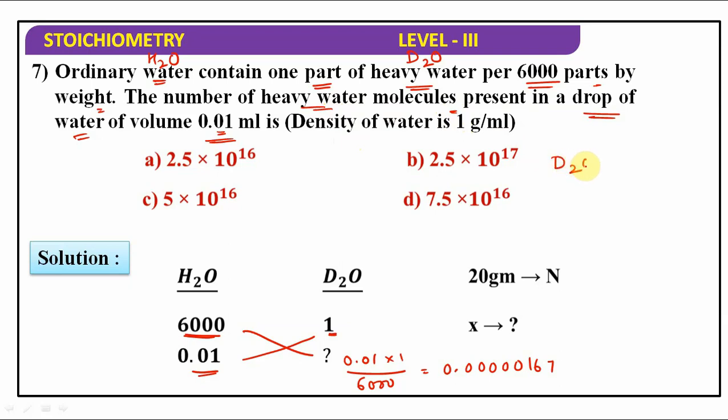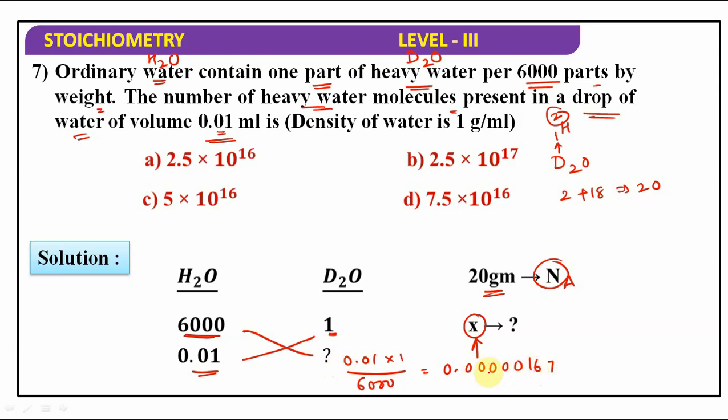But we have to calculate the number of heavy water molecules. So D2O, what is the mass number? D2O is nothing but the isotope of hydrogen. Mass number is 2, 2 plus 18, it gives you 20. 20 grams consists of Avogadro number of molecules, right? Na. But for X, in this case, this is the value we got here. So 0.0000167.